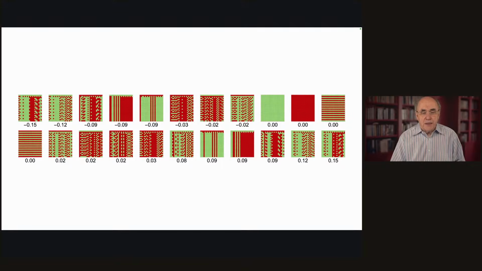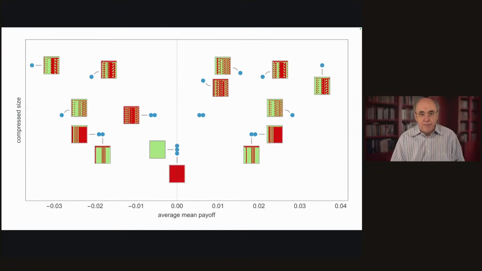We can get some sense of this complexity by looking at the compressed size, as obtained, for example, from the Wolfram Language function Compress, of the array of behavior that we're showing here. So that's plotting the compressed size, which is a proxy for the complexity of behavior, against the average mean payoff that's achieved.